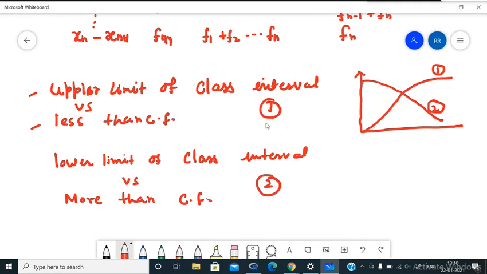So you simply plot the upper limit of class interval versus less than cumulative frequency. Similarly, lower limit of class interval versus more than cumulative frequency.